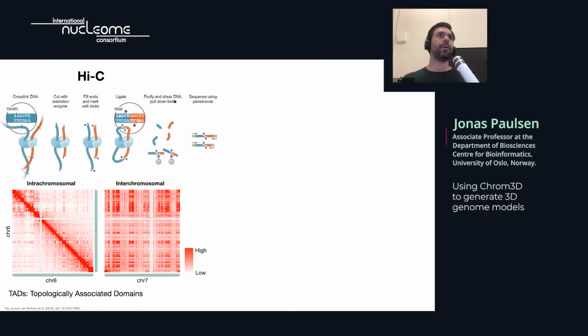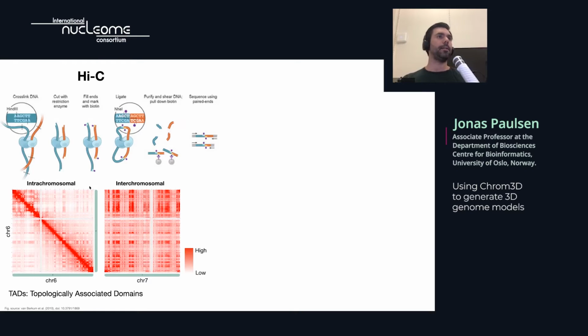If you then purify, shear the DNA, and pull down on the biotin mark, so that mark will be at the ligation point between the two pieces of DNA, then you enrich for these regions, and using paired-end sequencing, you can then quantify, by mapping back to the appropriate reference genome, the interactions or the pairs of regions interacting genome-wide.